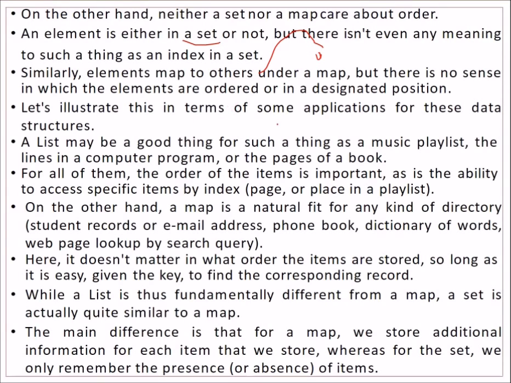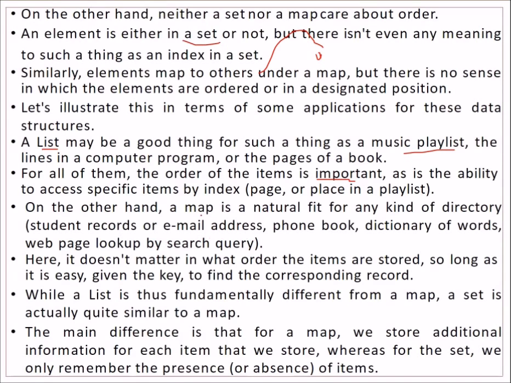Let us go through this discussion with some applications of these data structures. A list may be a good thing for such a thing as a music playlist, lines in a computer program, or the pages of a book. In all of them, the order of the items is very important, as is the ability to access specific items by index, right?